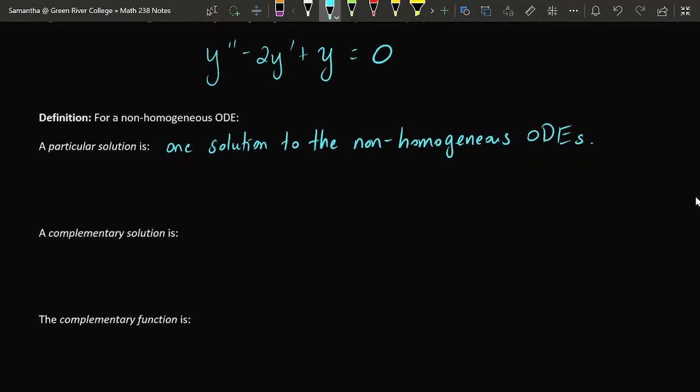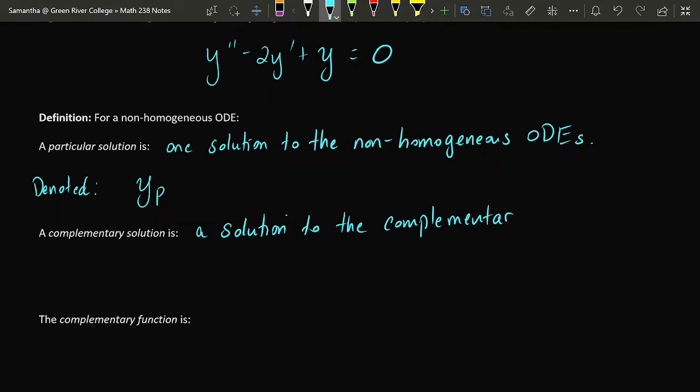Usually this is denoted by y sub p, p for particular. A complementary solution is a solution not to the ODE that you're working with, but a solution to the complementary equation. A solution to the homogeneous ODE that you would get if you replaced the function on the right-hand side with 0.